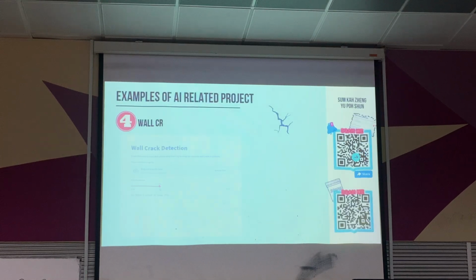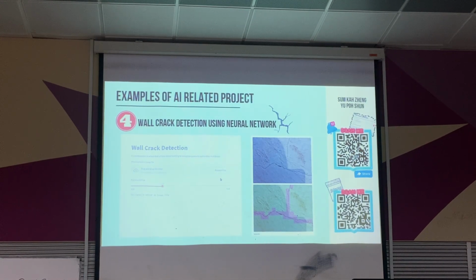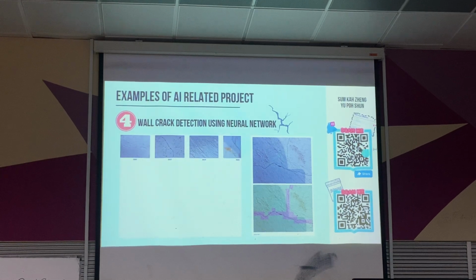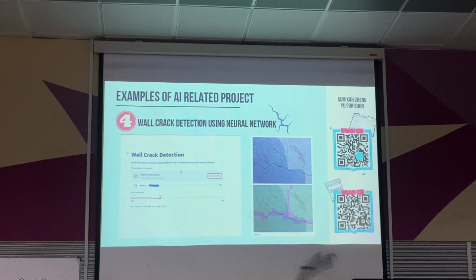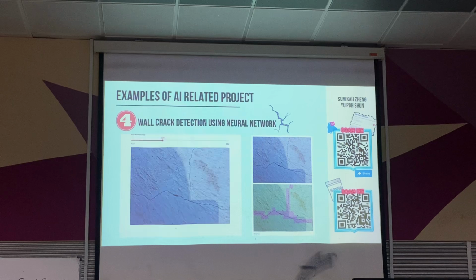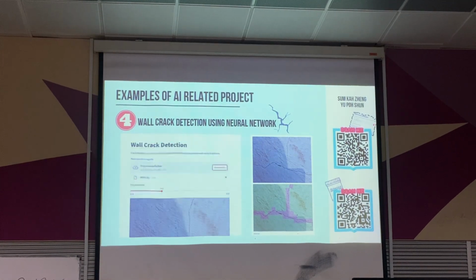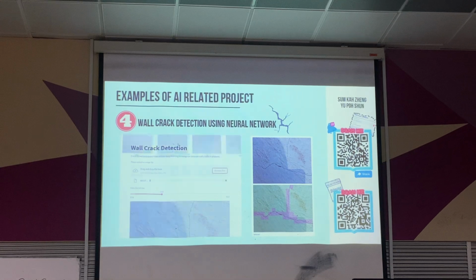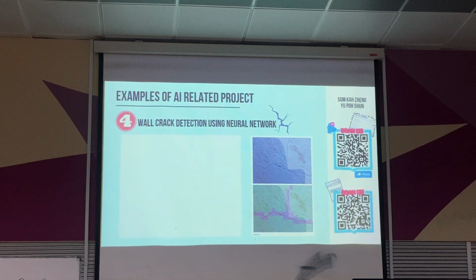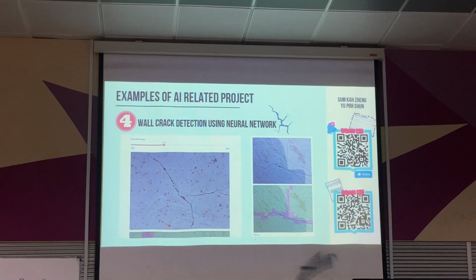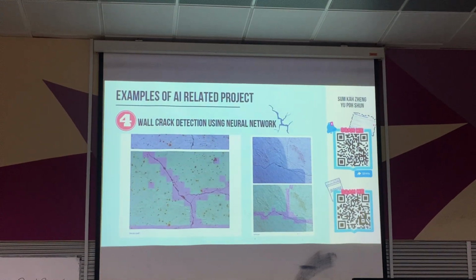We have wall crack detection here. I don't think this link is workable anymore. So what is this? It is actually an application to detect wall cracks. Why do we need to detect wall cracks? It's because we found that in quite many buildings, for example high-rise condos, if there's any damage, we cannot detect it.